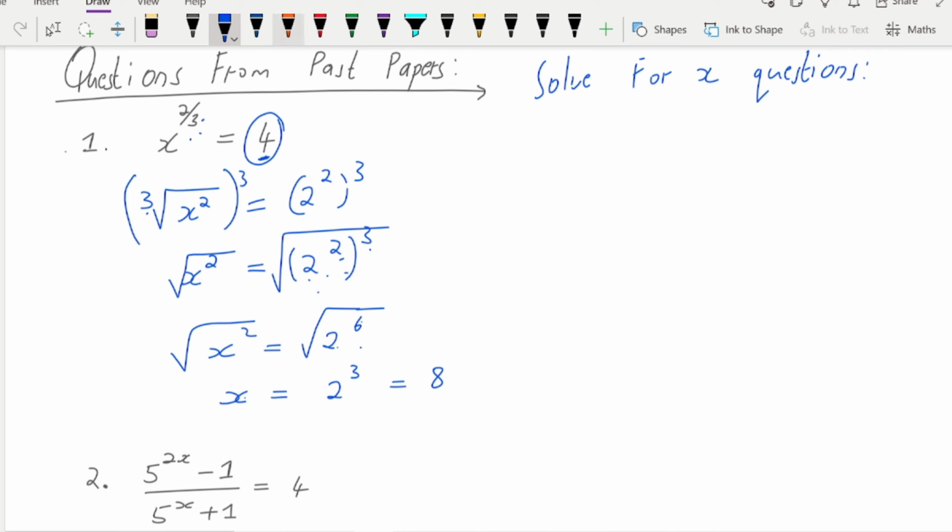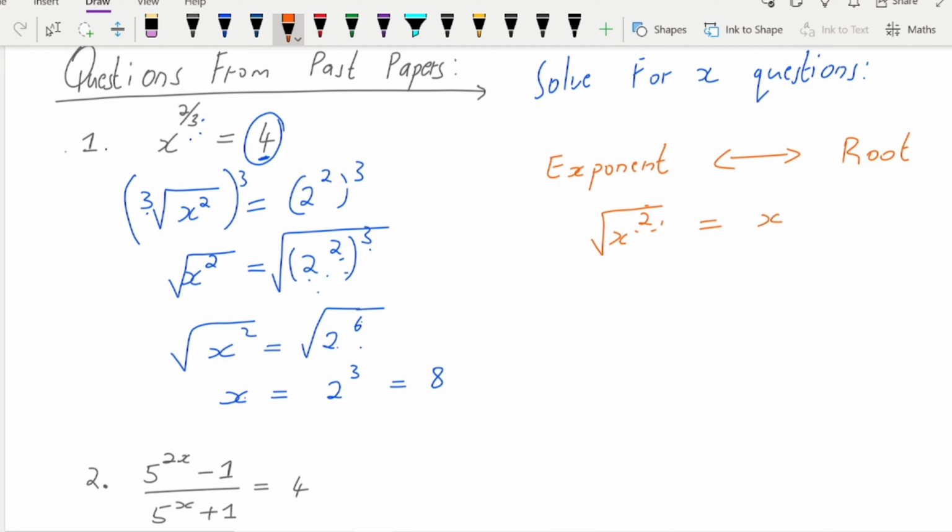One thing to note is that an exponent is kind of like an inverse of the root, because if you have x to the power 2, you can remove the exponent by taking the root, which is going to give you x.